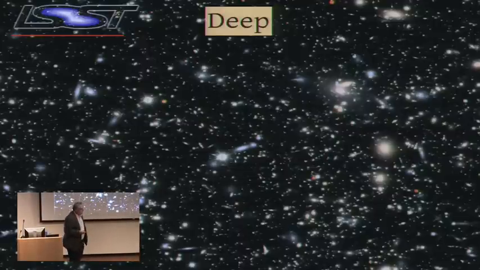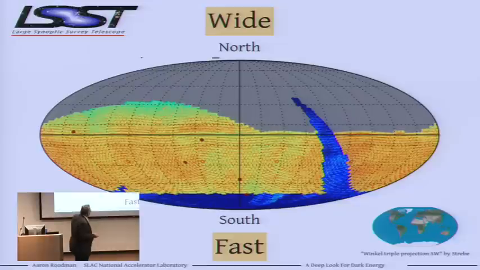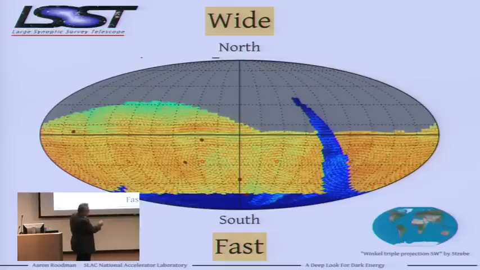And it will also be deep. The colored region is observed a little less frequently. This is the galaxy. This is how the galaxy shows up. The pole is a touch less interesting and a little bit harder to get to.